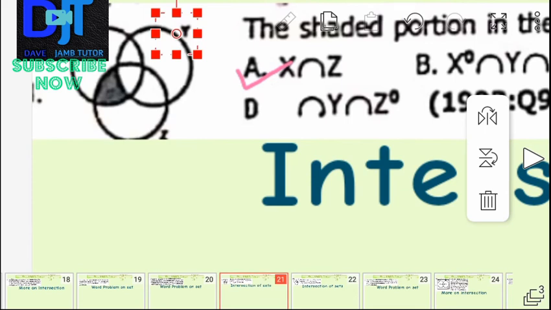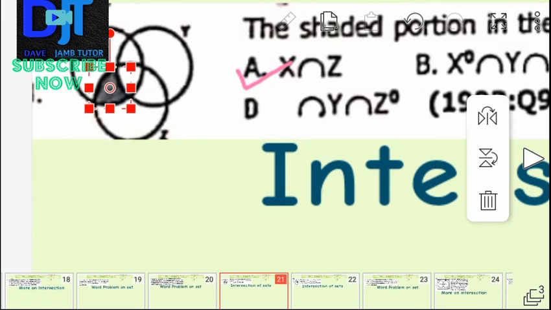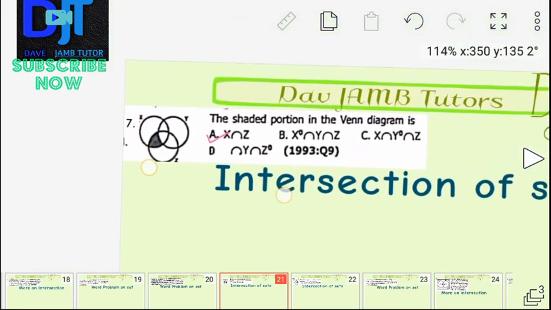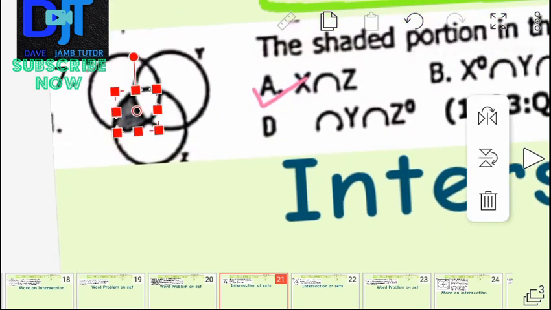Now we know that this point is always x intersects z. We know that this point is always y intersects z, and we also know that this point is always x intersects y. Knowing that fully well, in this question they said the shaded portion in the Venn diagram is, and this is the portion they have shaded.